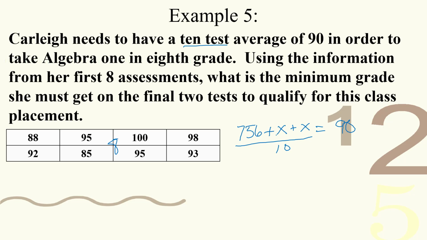Same process. We're going to combine our like terms. So 2x plus 756 over 10 is equal to 90. Now we will multiply both sides by 10. So 900 is equal to 2x plus 756.